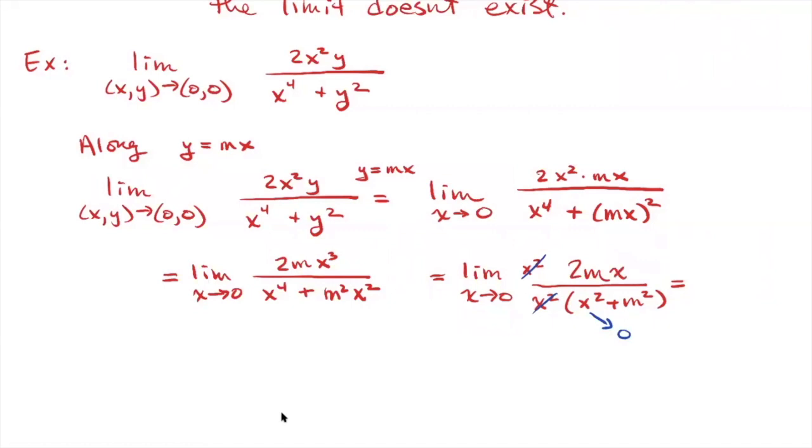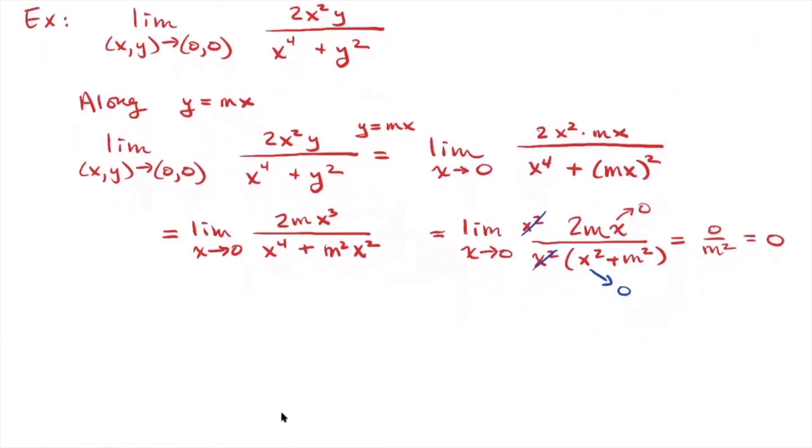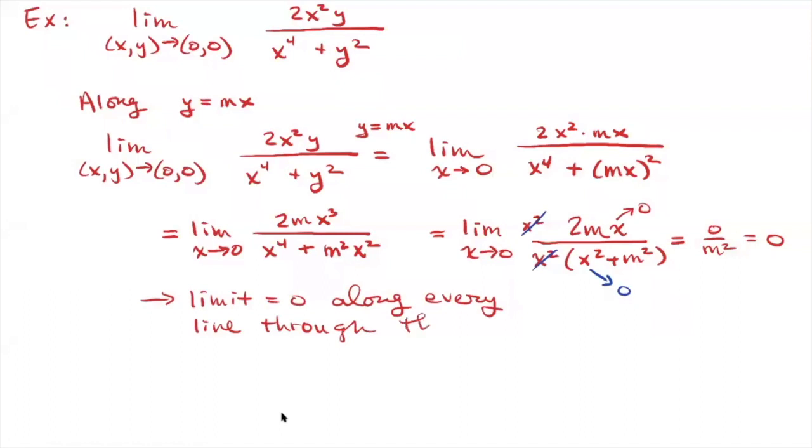As x goes to 0, I get 2mx, and x goes to 0, so I just get 0 over m squared, which is 0. Okay, so I've shown that the limit is 0 along every line through the origin, except the vertical.